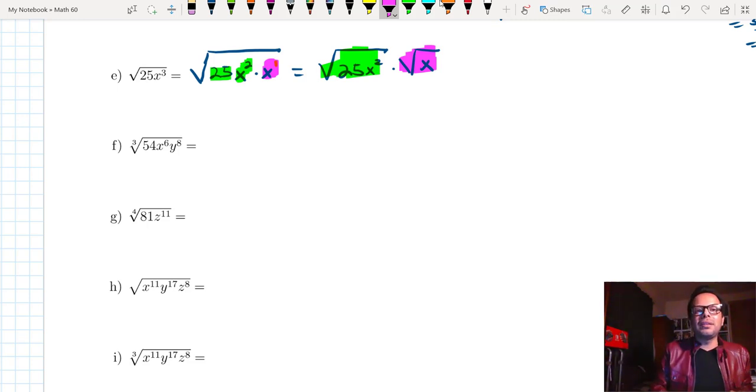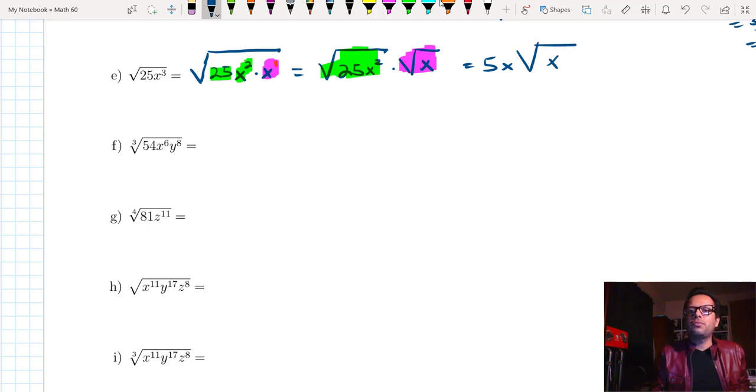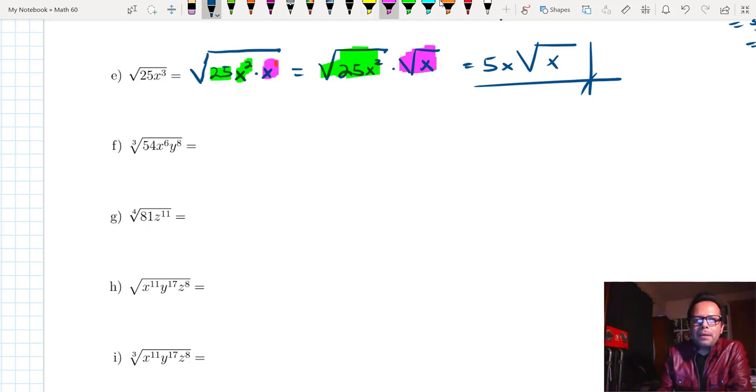Now let's evaluate this. Square root of 25, that's 5. Square root of x squared, x, times square root of x. And that's how we simplify this one. Okay, let's do another example, one with cube roots.